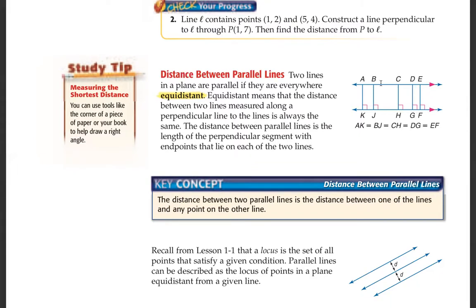Whichever point you start to draw a line on your first line, make sure it goes to the other line and forms a right angle on that line. That is enough to identify the measure between two parallel lines. It's called equidistant. Two lines in a plane are parallel if they are everywhere equidistant.